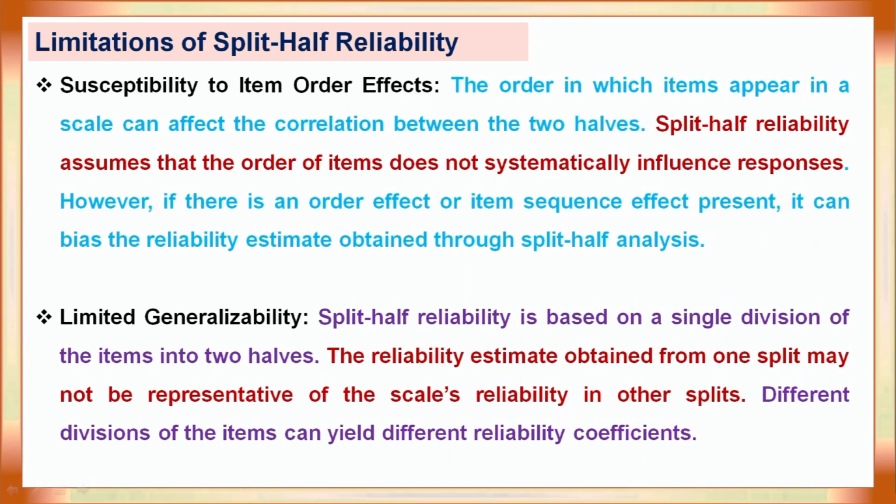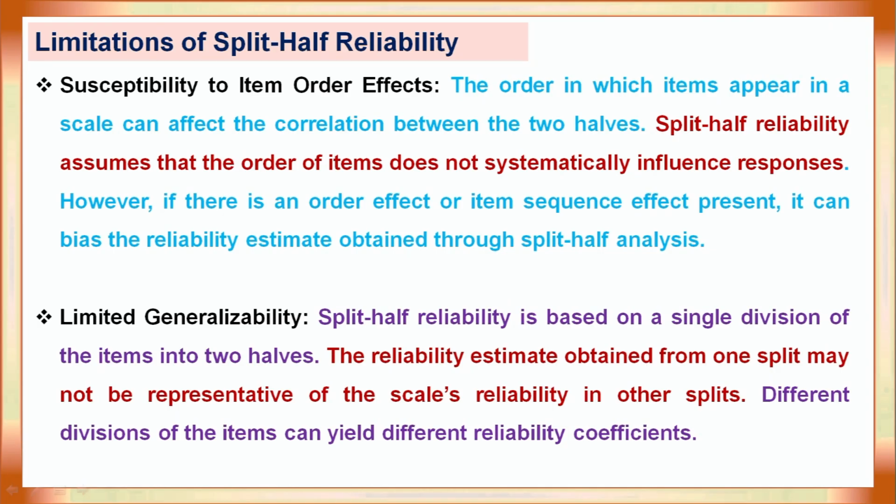Third one is that the split half method is susceptible to the item order effect. The basic assumption of using the split half method is that the order of the items does not systematically influence the response, but it may not be true in all cases. Think about your experience with a multiple choice test, maybe a competitive exam or a class exam, where the first few questions were very difficult and you were unable to answer.